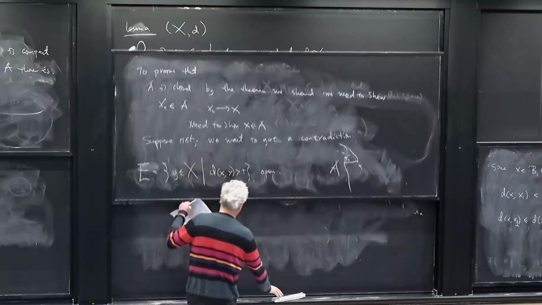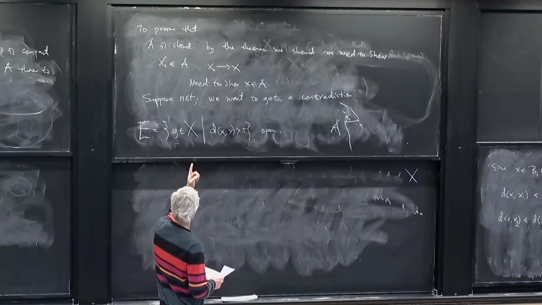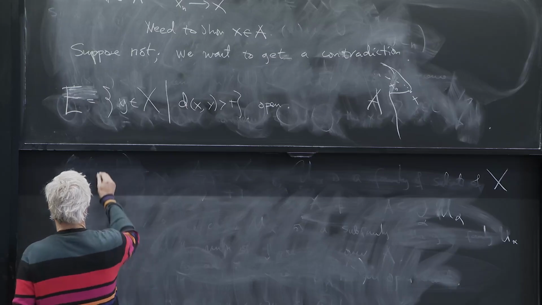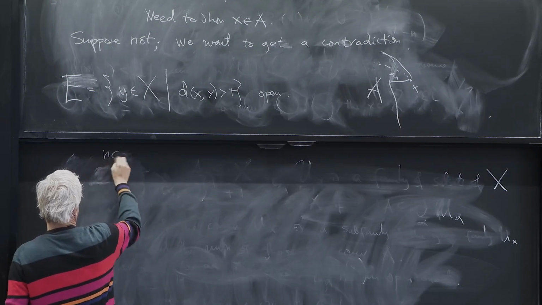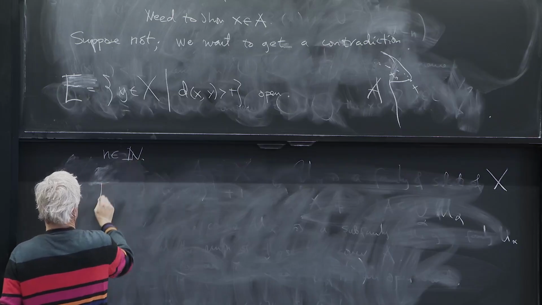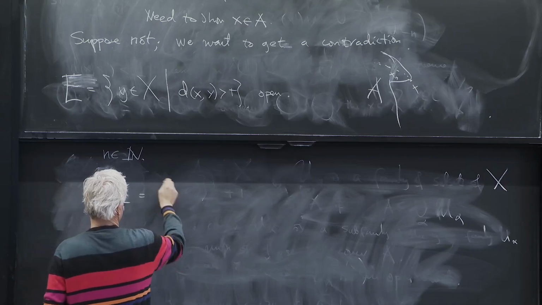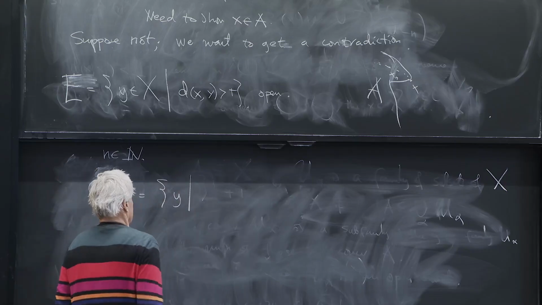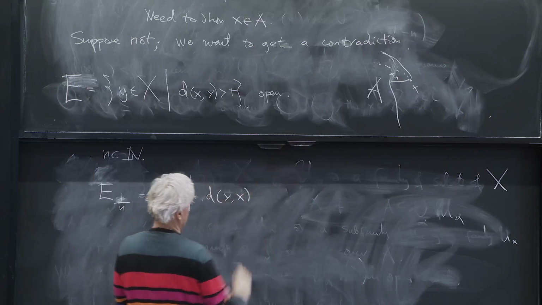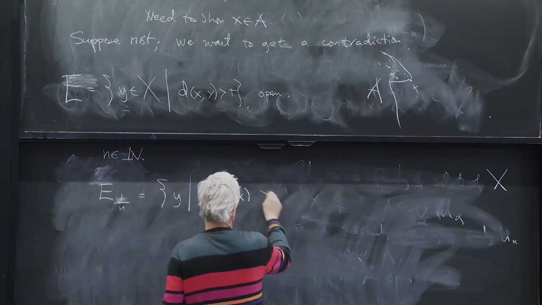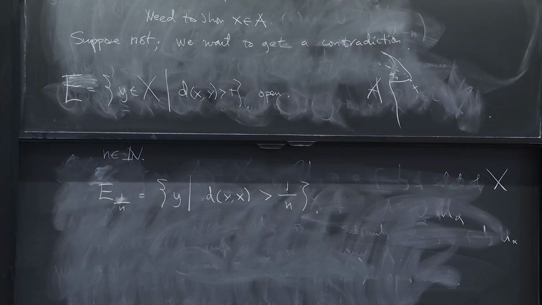So I'm going to now find an open cover of A. And the open cover is that for each integer n, I'm going to look at E of 1 over n. So this means that I'm looking at the y so that the distance from y to this x here that I want to show is in A is bigger than 1 over n, right?